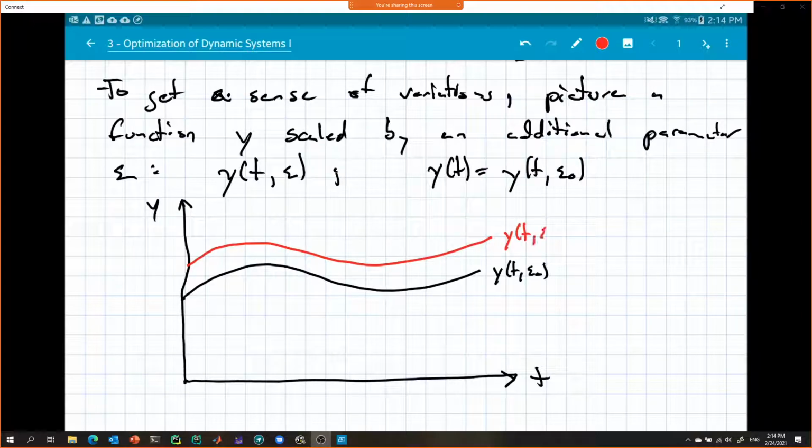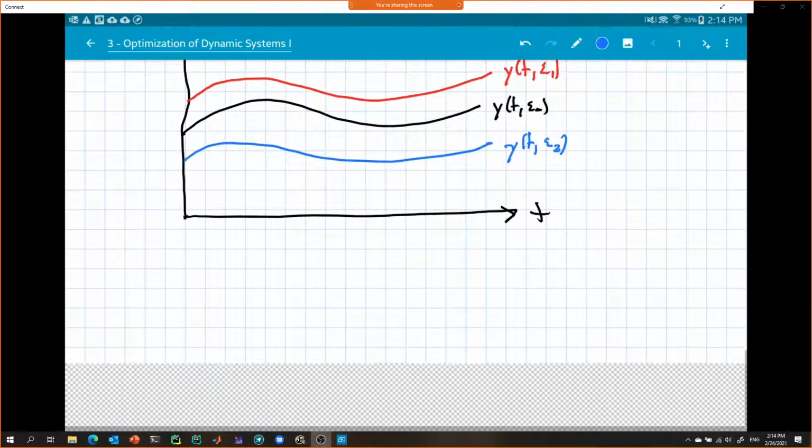Y of t, epsilon 1, and then we could even have another one. See how this epsilon just kind of scales everything? Okay.